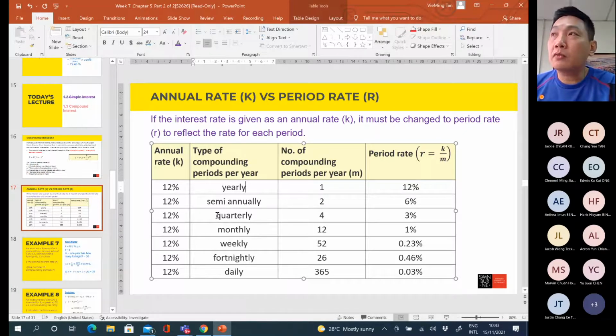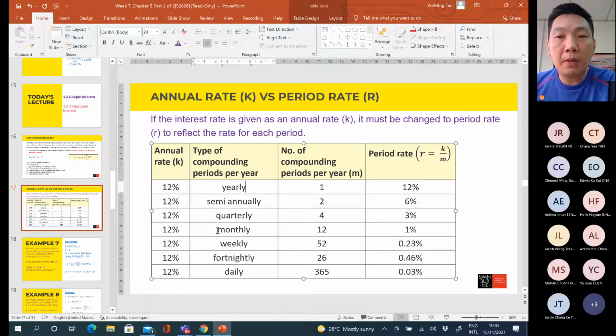The third quarter is from July, August, and September. And the fourth quarter is from October, November to December. So 1 year has 4 quarters. Quarter means every 3 months. So M is equal to 4 if the interest is compounded quarterly.